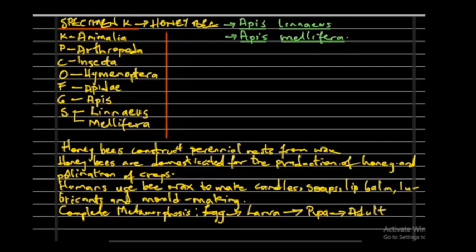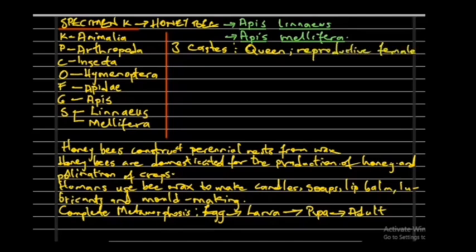It has 3 castes. We have the queen, which is the reproductive female.